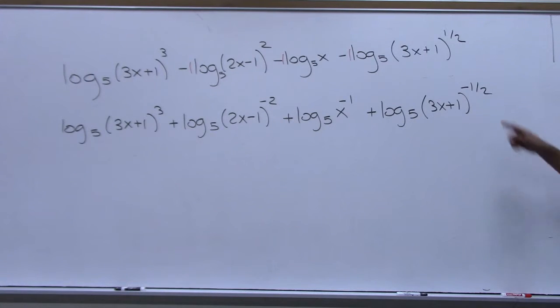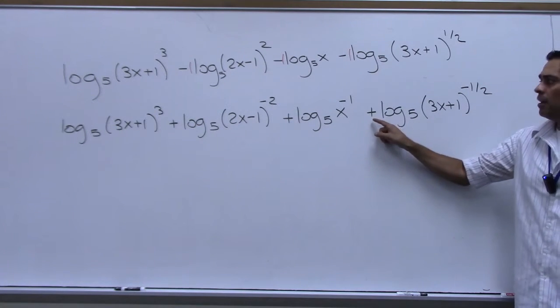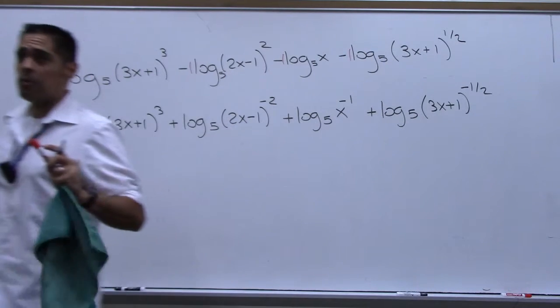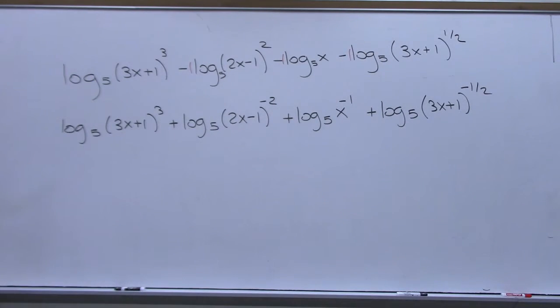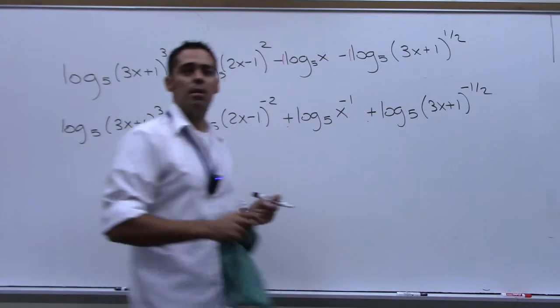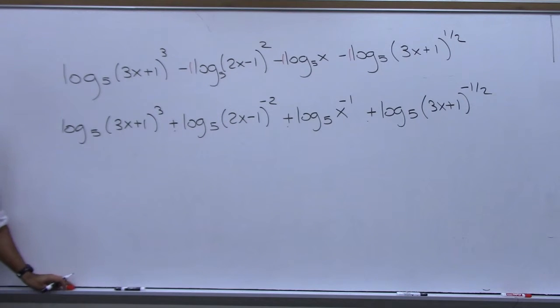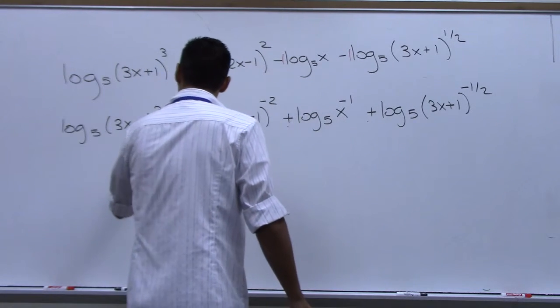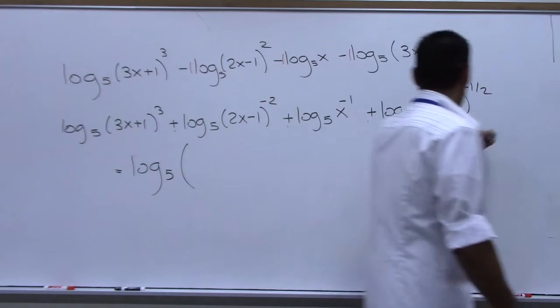Look, if I bring this down, I get negative 1/2 in front, negative 1 in front, negative 2 in front, positive 3 in front. That's the same problem we started with? Yes? Now, do you notice that we have addition, addition, addition between all the logs now? Couldn't I then just put these all together into a single log with multiplication? Yes. Okay, so this would be a single log, base 5, and then all of these things multiplied together.